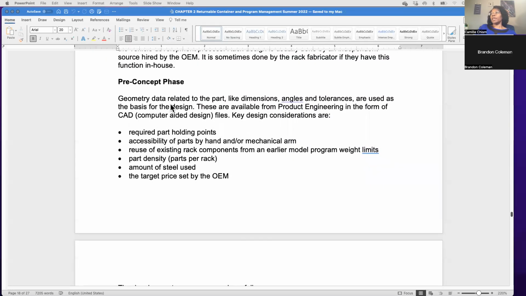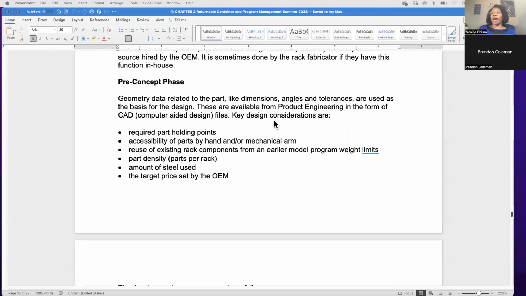So this geometry data related to the part, which you might hear referred to as math data, goes to the supplier, and they'll use that to understand, how big does this pack need to be? In what direction does this part need to be held? Because they can use that 3D data and actually rotate it and see, what if we put it in the pack this way or this way?